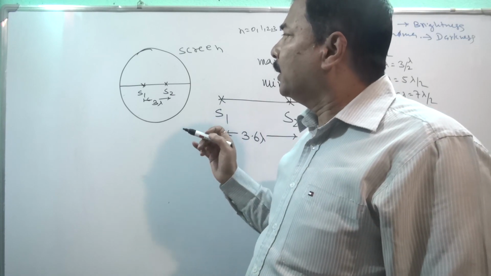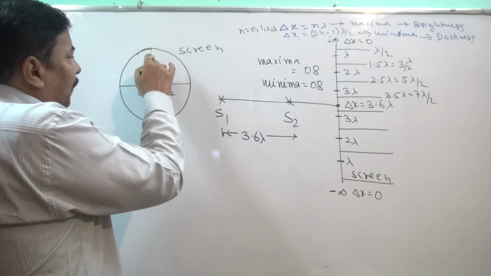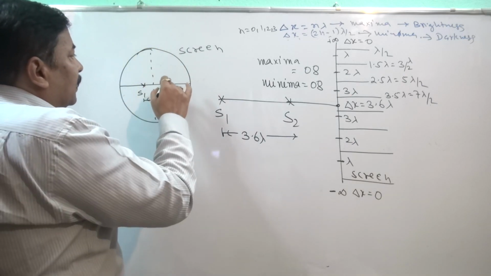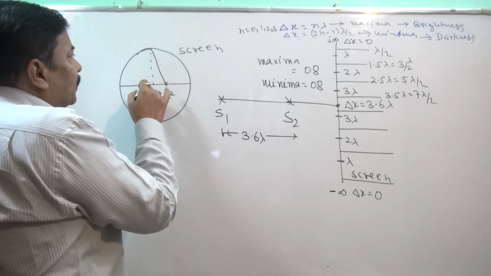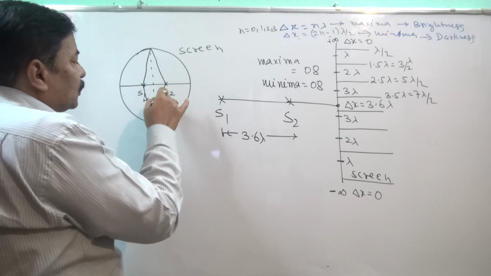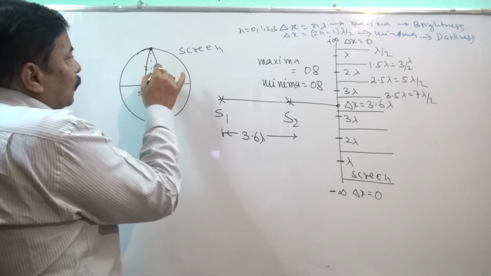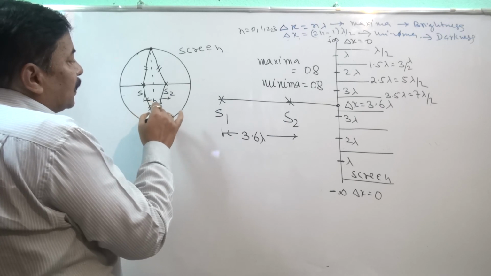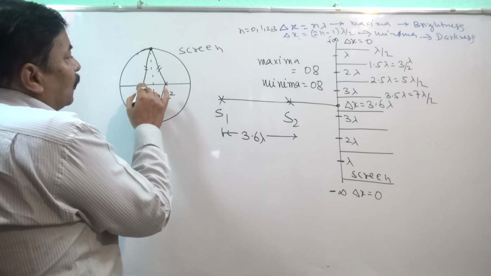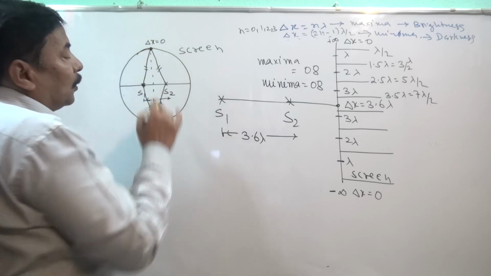If I take the perpendicular bisector line, then this point is equidistant from the sources. As this distance is equal to this distance, what we can observe is that here the path difference is 0.